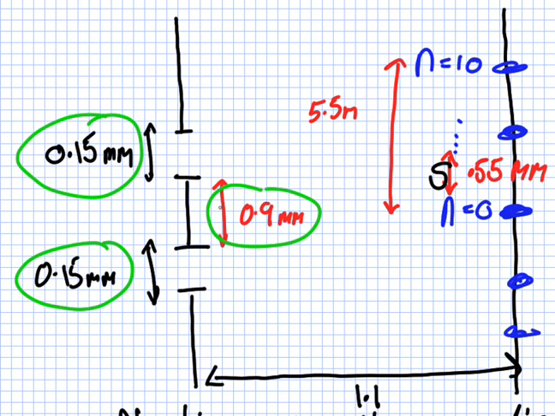S equals big D over small d times lambda.